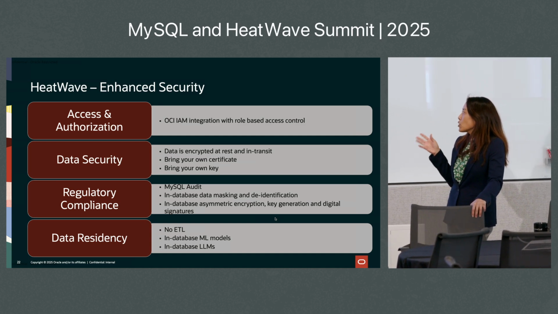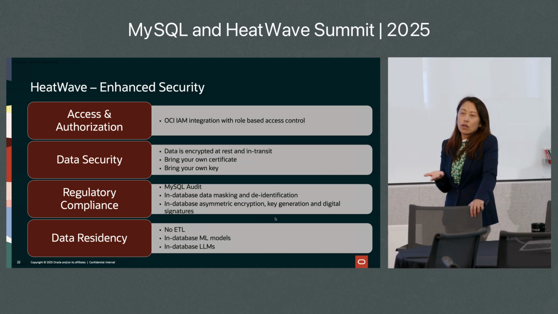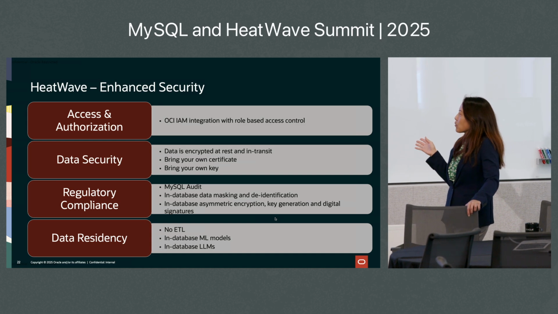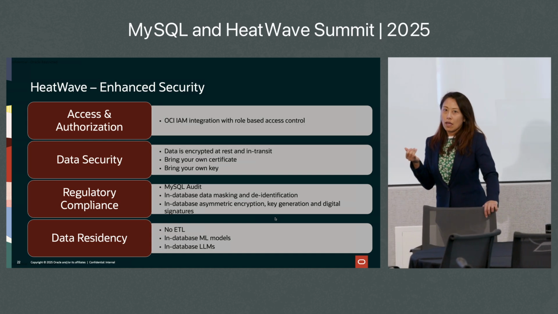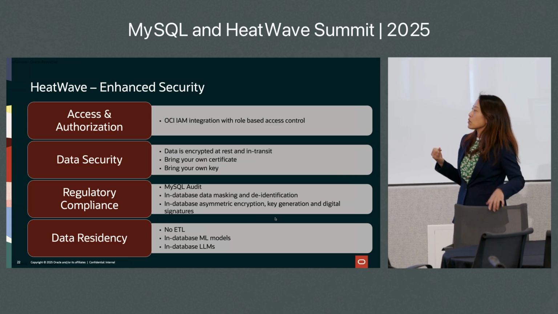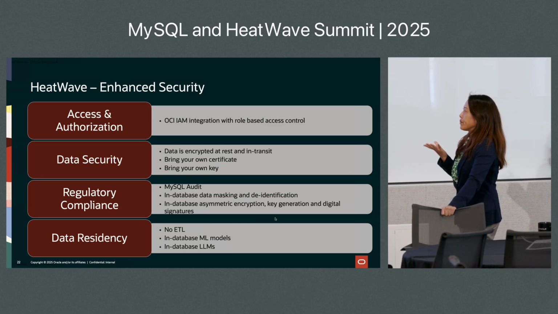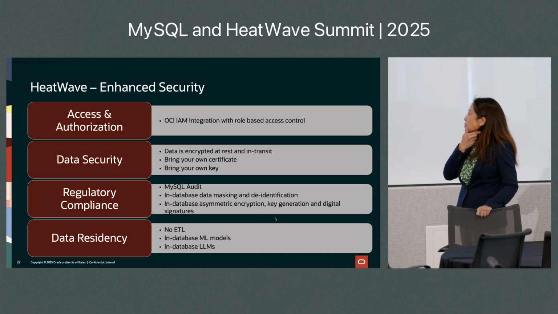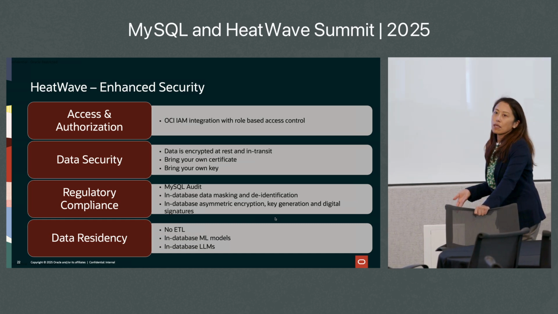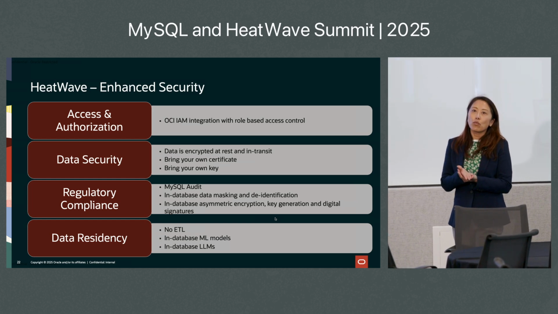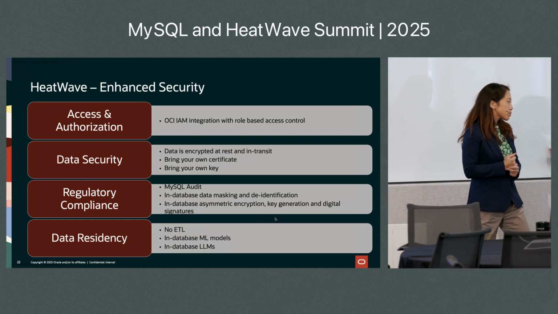And the machine learning model that you created using AutoML is also stored within the database. And if you are using generative AI, there is the option of calling out to OCI LLM versus the in-database LLMs. If you have really strict requirements, you may not even want to call out to the OCI LLM models, and the in-database LLM model can prevent that, so that you can have everything within one single service.